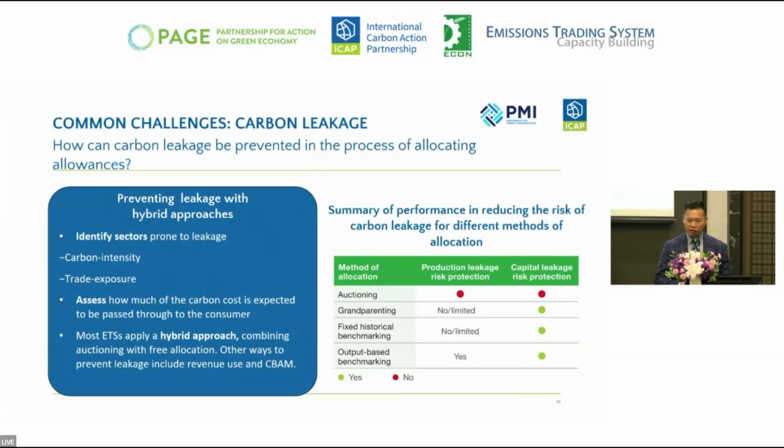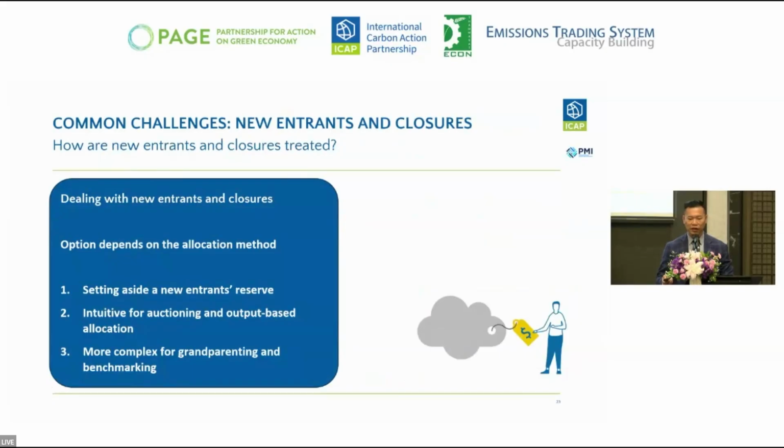And there are some common challenges I already mentioned, so I will not go into details: how to mitigate the carbon leakage risk, and how to deal with new entrants and closures. When a new company comes into the market, do they need to buy 100% of their allowance, or do you give them some free allowance?